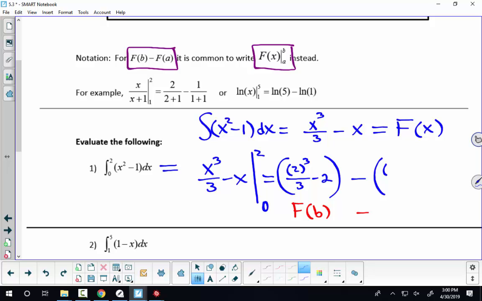Oh, it's 0, yeah. I don't know why I made that 1. 0 cubed over 3 minus 0. And that's our capital F of A. So capital F of A, that's just 0 in this example.